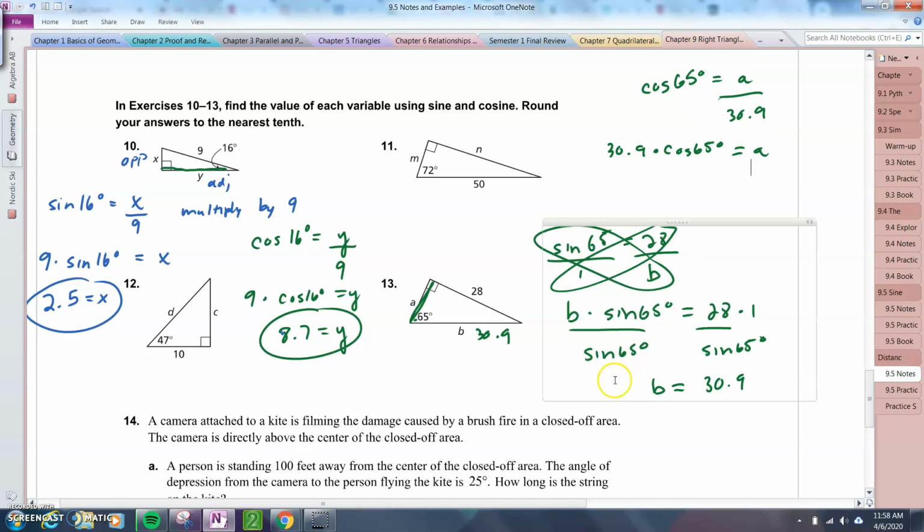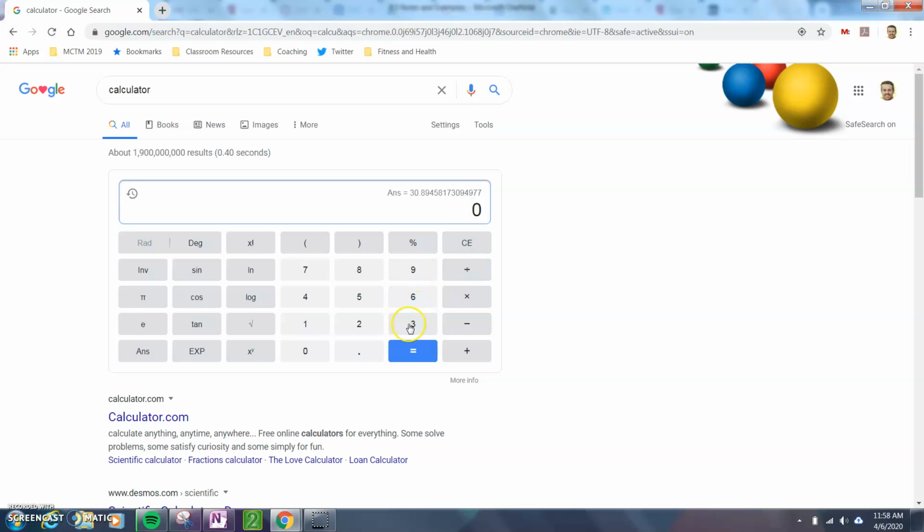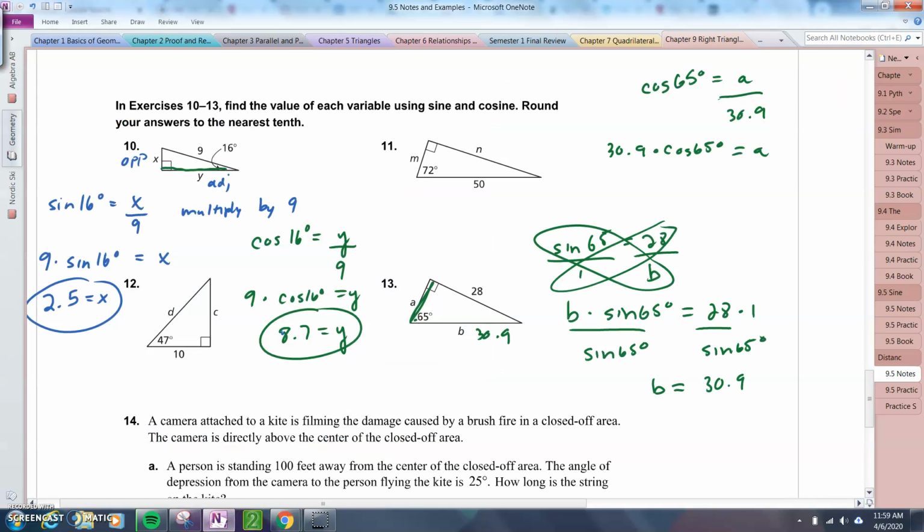And let's type that into our calculator. 30.9 times cosine of 65 is 13.1. So we're going to get 13.1 here for A.